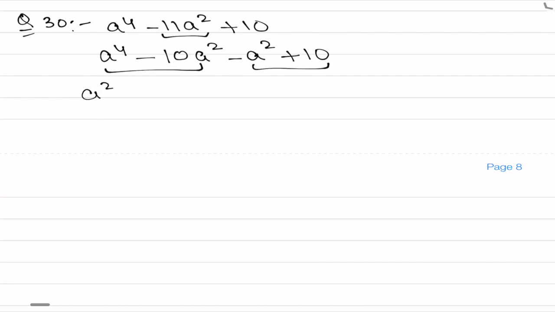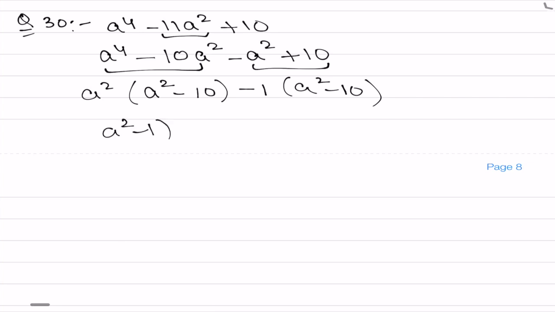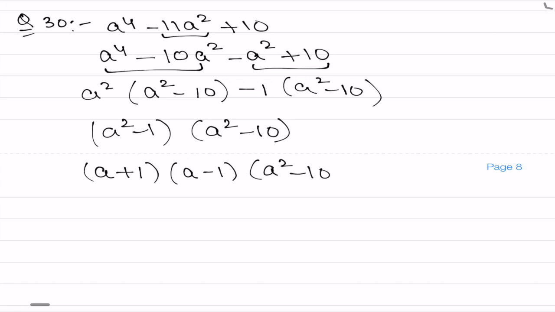So a square minus 10 minus 1 into a square minus 10. So the factors are a square minus 1 into a square minus 10. So here you can see a square minus 1, again we can make factors because both are perfect squares. a plus 1 into a minus 1 into a square minus 10. So these are the three factors of the given expression.